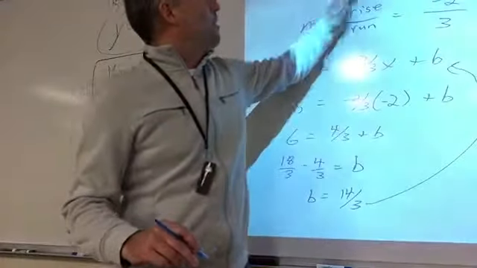So if I divide by 3, divide by 3, divide by 3, this one is y equals negative 4/3 x plus 1. This one's going to take a little work. I got to move. Let's see. This would be negative 4y equals negative 3x plus 8. Divide by negative 4. This would be y equals 3/4 x minus 2.